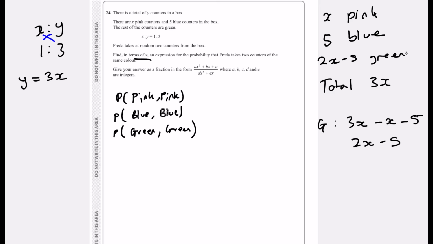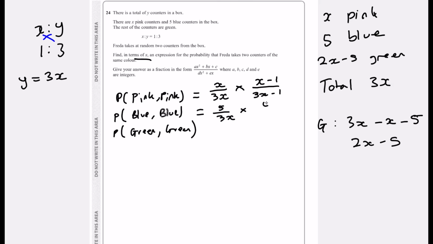So we've got all the information we need now. Now we can just do the algebra part. So the probability of pink, then pink. So it's X over 3X for the first one. For the second one, if we've removed the counter, there's going to be 1 less pink and 1 less in total. So X over 3X times X minus 1 over 3X minus 1. For blue, blue, it's going to be 5 out of 3X for the first one.